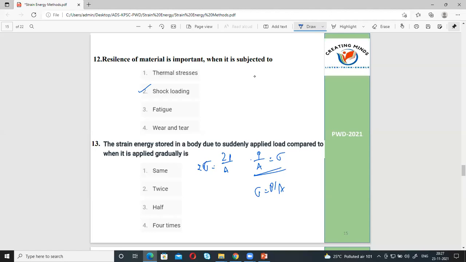The ratio of strain energy due to this. We know it is half into sigma square by E into volume. So for one it will become 2 sigma square, for the other it will become sigma square. If you take the ratio, it will become, I will try to simplify this.